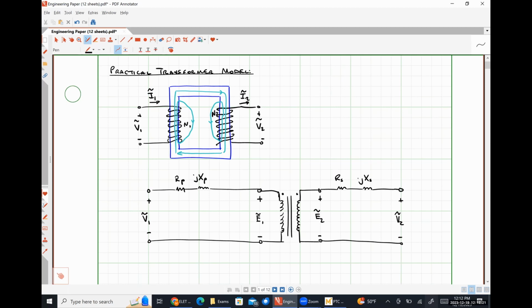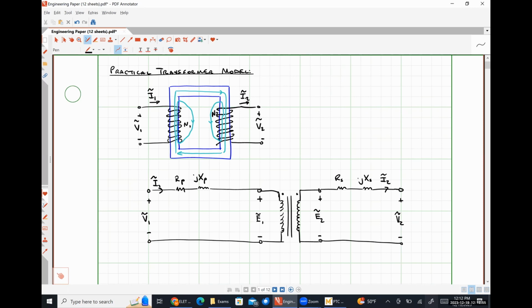Because if we have some current I1 flowing in the primary winding of our transformer, the series resistance and reactance is going to have some voltage drop over it, which is going to change the value of E1. And similarly, if we have some secondary current I2 flowing through our secondary coil, then there's going to be a voltage drop across RS and jX sub S, which will make V2 and E2 not equal to each other.